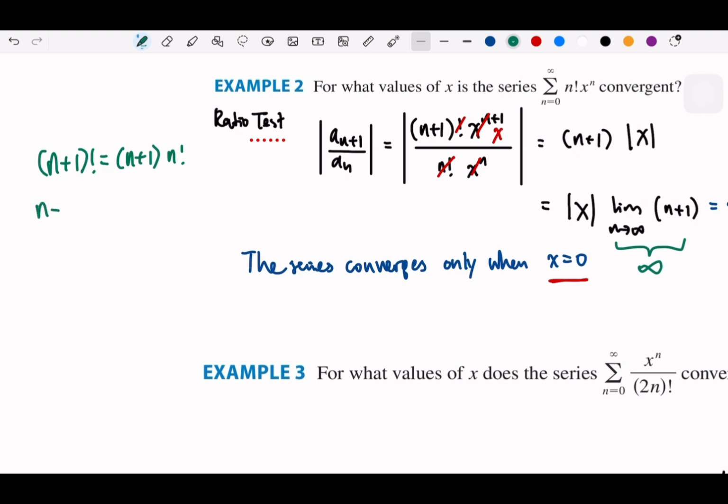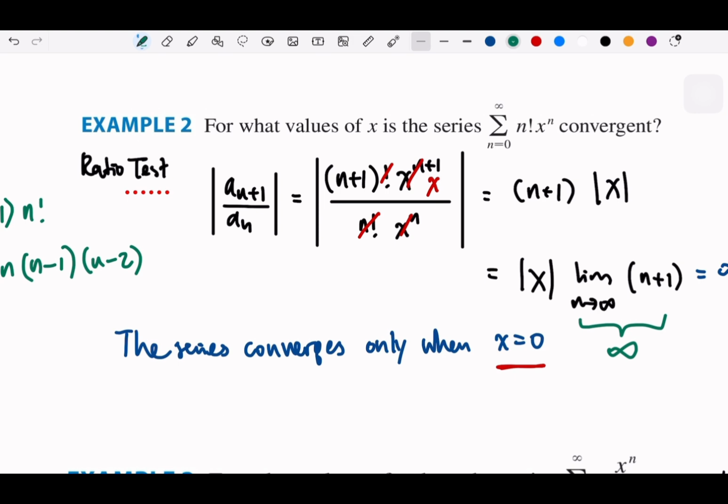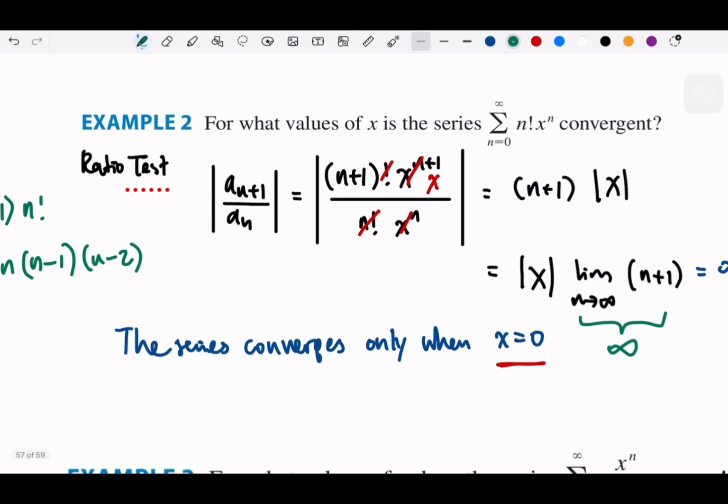So here, n plus 1, n, n minus 1, n minus 2, this is the whole factorial. Since this is n plus 1 factorial, we can write this as n plus 1 times n factorial, and then divide with this. Cancel. Okay?